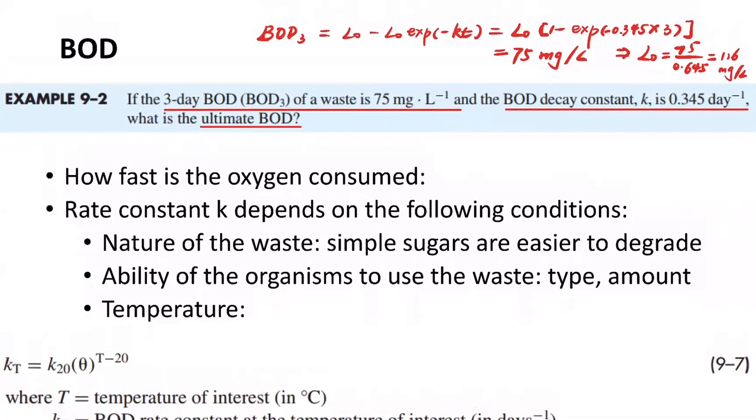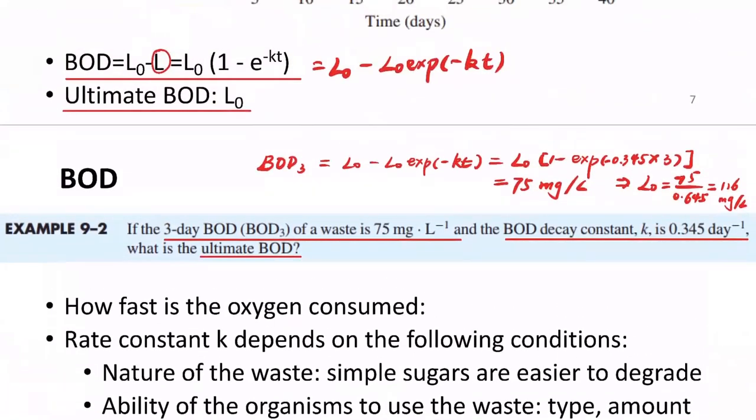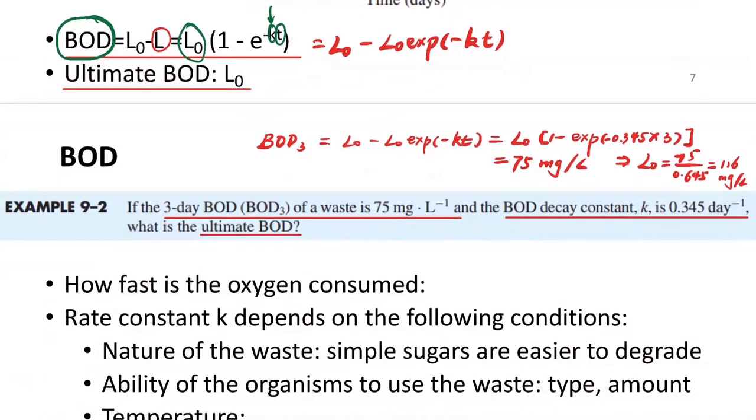So here you may notice that in this set of equations, we can measure what is the BOD for different times, right? We know what the time is. So the ultimate BOD is also a kind of parameter that describes how polluted the water is. So this factor K here is quite important, right?